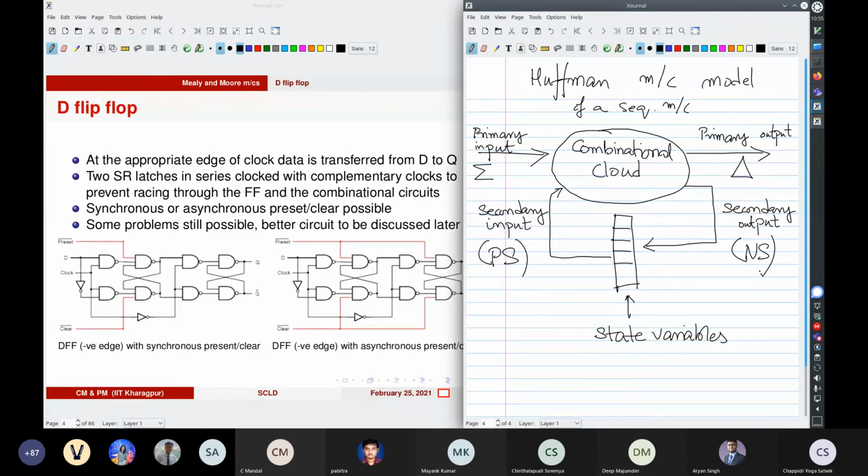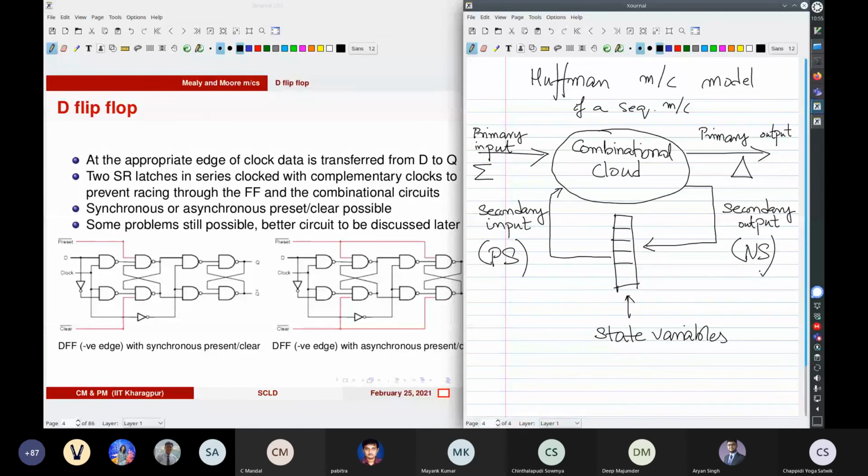It is useful to have this notion of a finite state machine, and this is the Huffman model of a finite state machine.